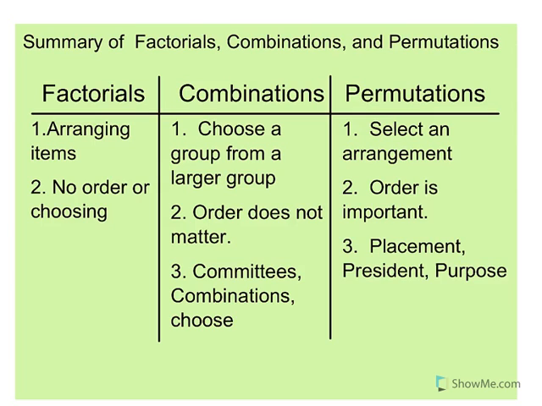So here's your review or summary. Factorials look like that. That's just when you're arranging and no order matters. Combinations look like this. You're going to choose, do committees, do combinations.